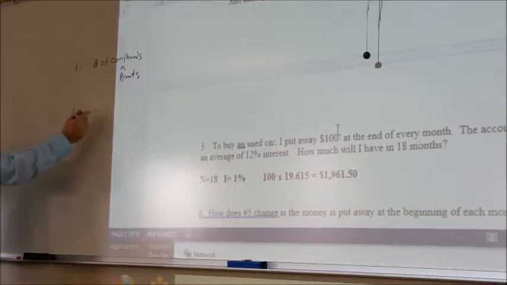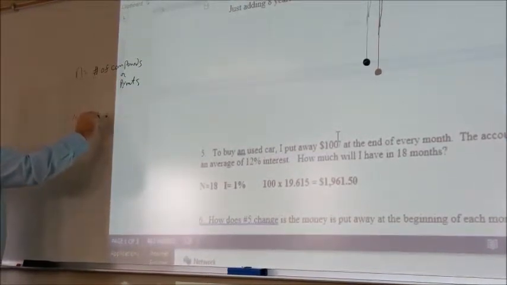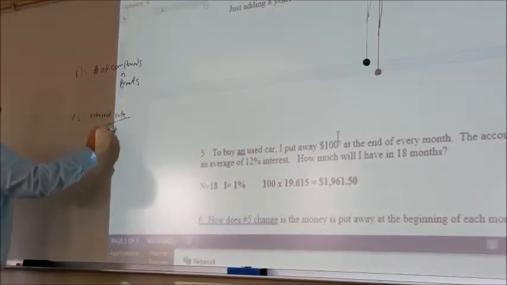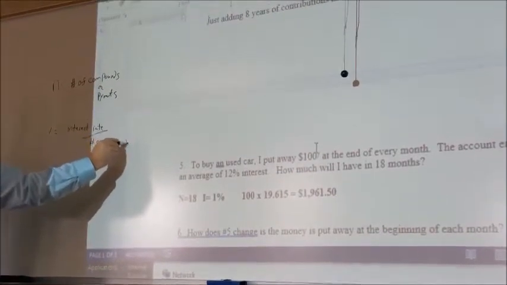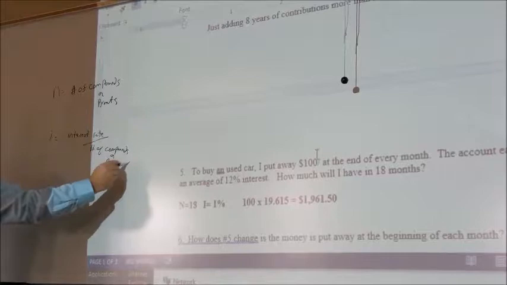And I equals your interest rate divided by number of compounds or payments per year.